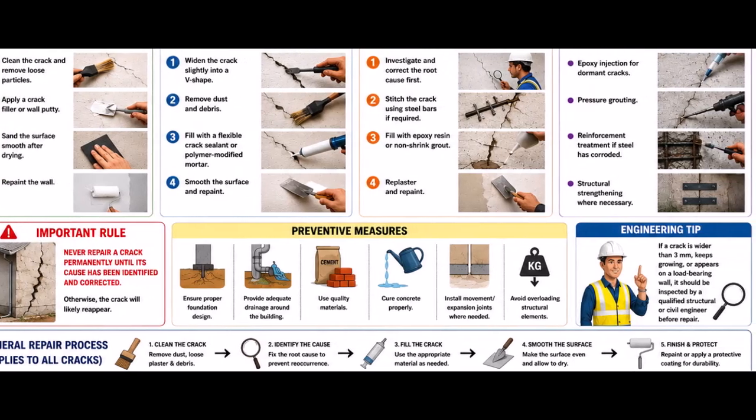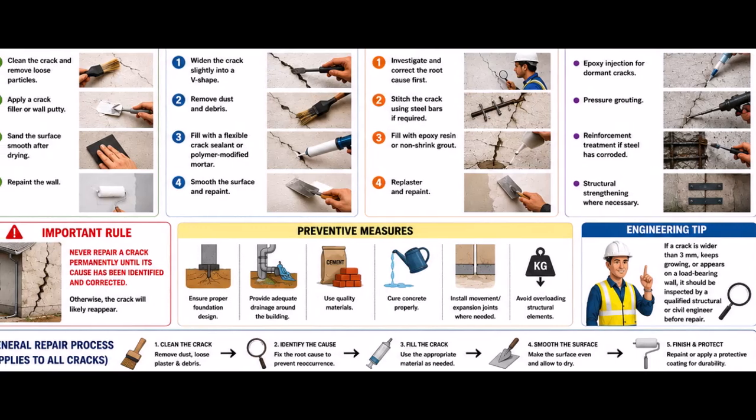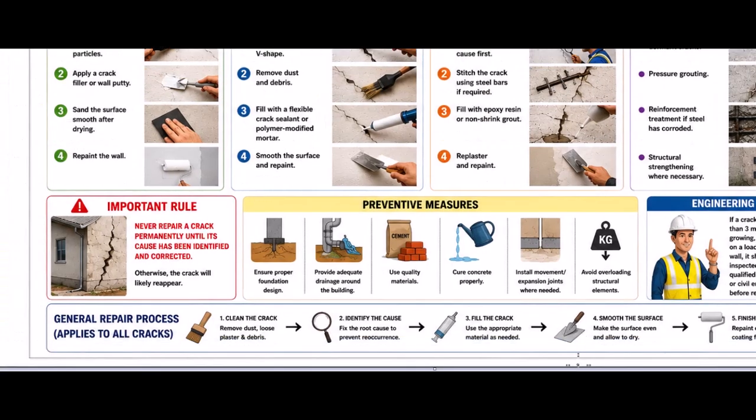Number three, fill the crack, use the appropriate material as needed. Number four, smooth the surface, make the surface even and allow to dry. And the last one, finish and protect: repaint or apply a protective coating for durability.